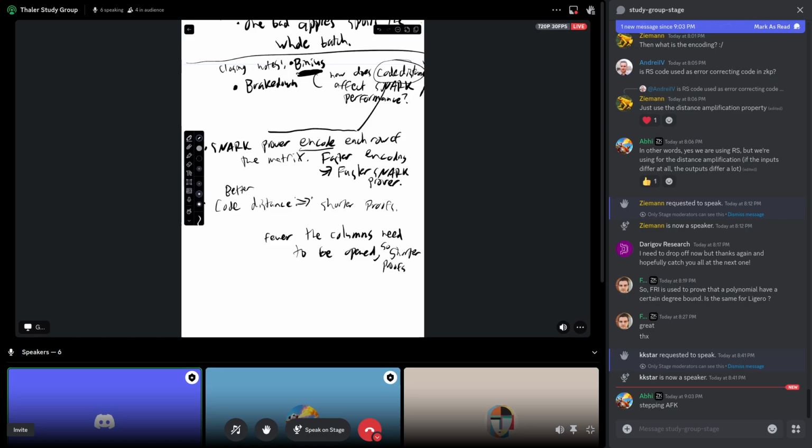You could think of it like the bottleneck in proof size is opening like 128 columns. If I had a code with worse distance, maybe I have to open 512 columns, and now I've 4x'd the number of columns I'm opening, and that actually turns into a doubling of proof size after you balance all of the costs in the SNARK. So we like codes with good distance because it leads to short proofs, but distance really doesn't have anything to do with proving time. Encoding time is what determines proving time. Code distance is what determines proof size, which is relevant to verifier costs.